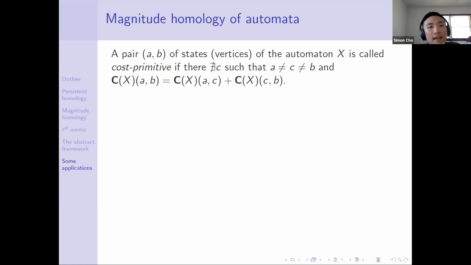So we can say that two states, A and B, are cost primitive if there is no state for which you could make a pit stop at that intermediate state and still preserve the cost of going from the original A to B. Making a pit stop anywhere else would strictly increase the cost.